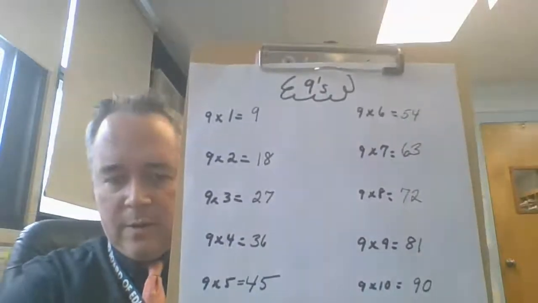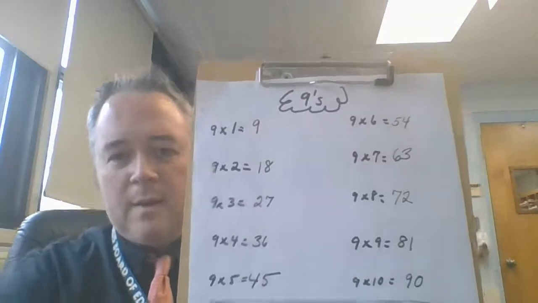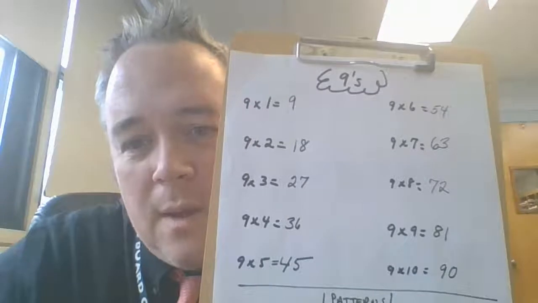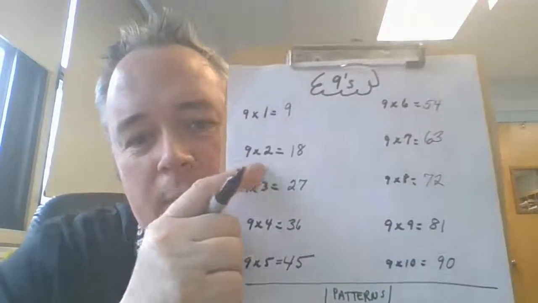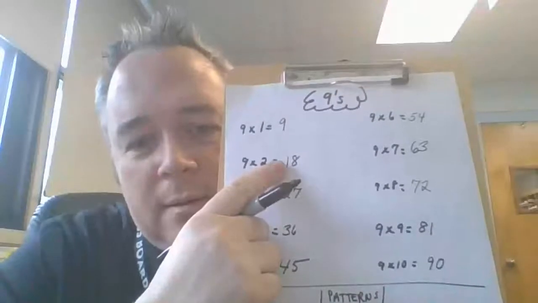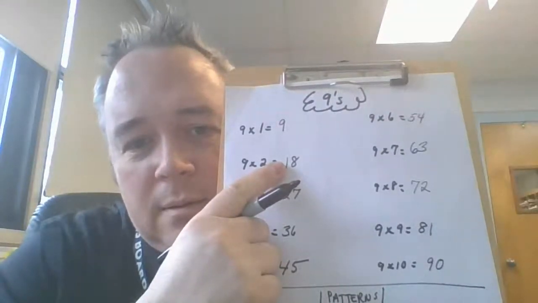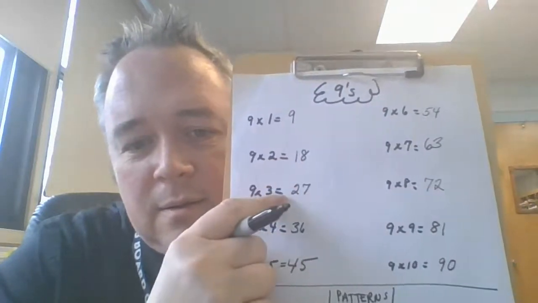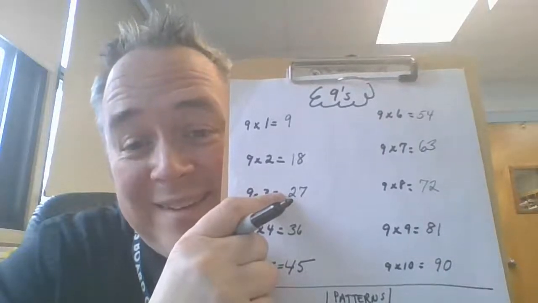Is there anything else that you notice? Since we're looking at the tens column and the ones column, let's look at what they do together. Ready? The 1 and the 8. Is there anything you notice about the 1 and the 8? They add up to 9, don't they? The 2 and the 7, they add up to 9, don't they?